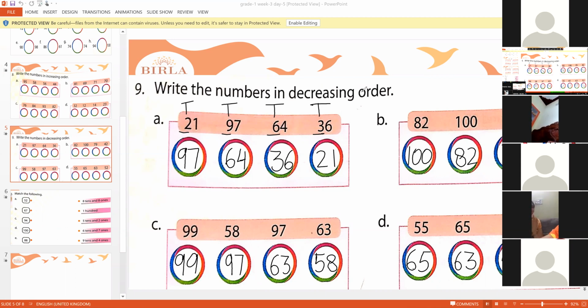And those who have completed, they can come to page number 125. Children, open page number 125. Those who have completed, please open page number 125 and write down the date and classwork there.